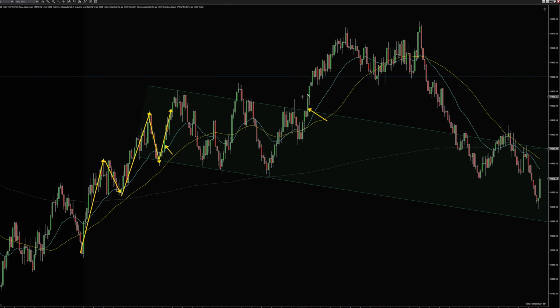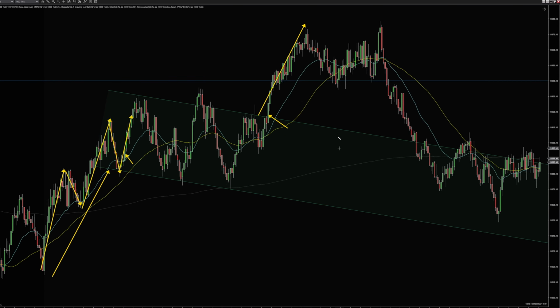So this is the first move, this is the final move, and this is the channel area. These channels can be bigger, wider, sometimes smaller, so these are not all the same, and you're just gonna get the idea.